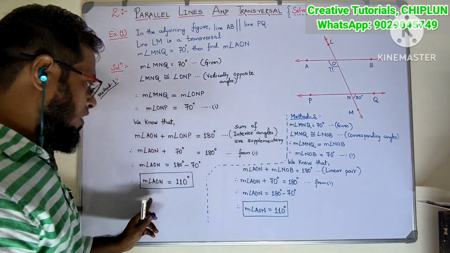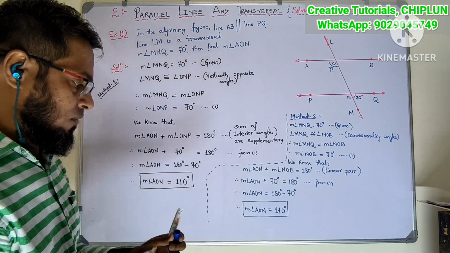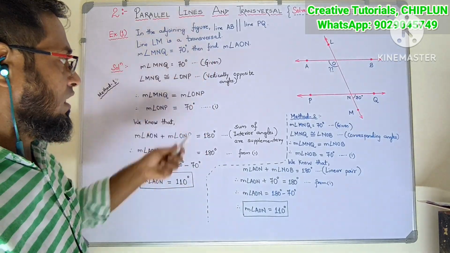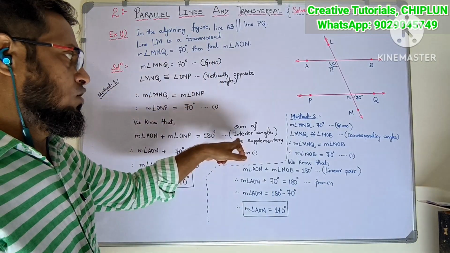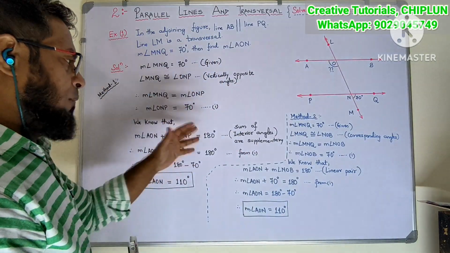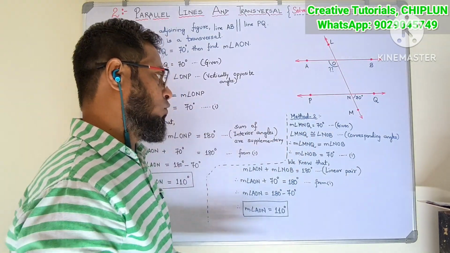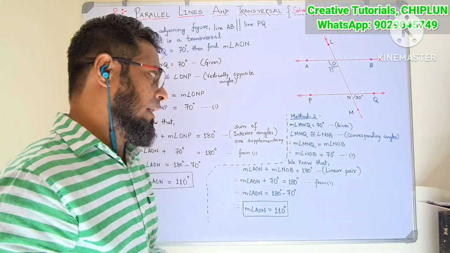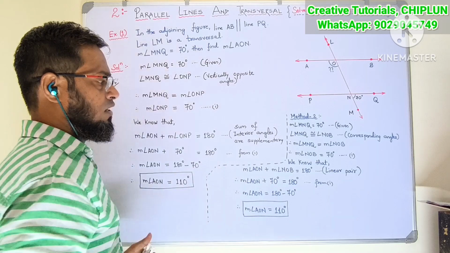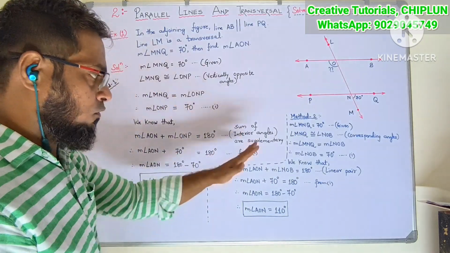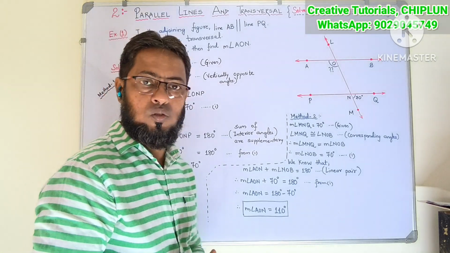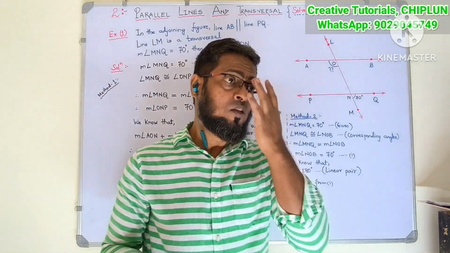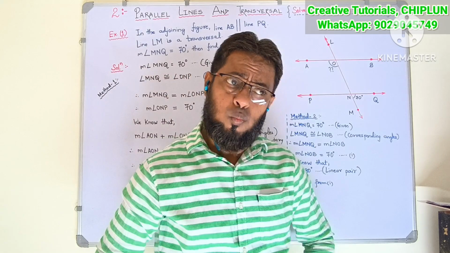So you see, if we compare both the answers, they are the same. In method 1, we used vertically opposite angles and interior angles supplementary, that property. In method 2, we used corresponding angles and linear pair. This is how they are formed, and with the help of these properties, we can get our answer as measure angle AON is equal to 110 degrees. So dear children, it is very easy.